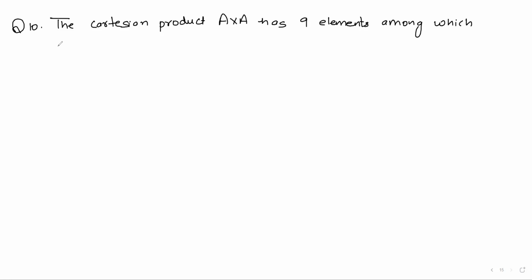The Cartesian product A cross A has 9 elements, among which are found (-1, 0) and (0, 1).